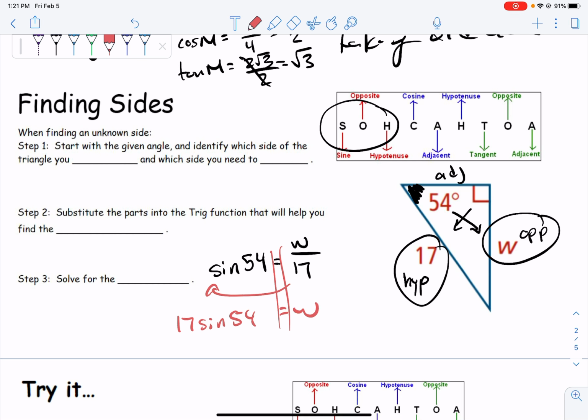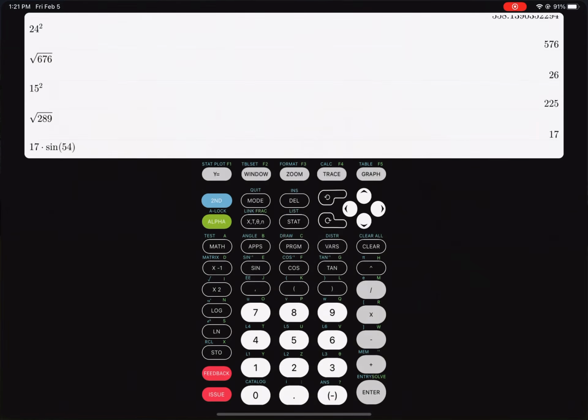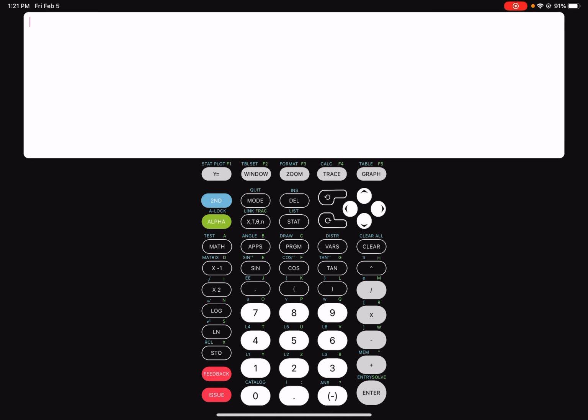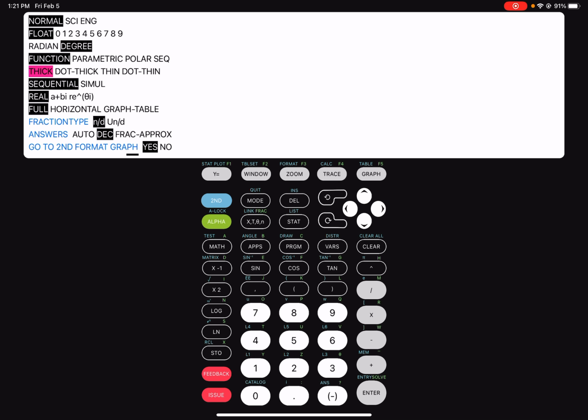I don't have the sine of 54 memorized, and I don't need to have it memorized because it's in my calculator. If I go to my calculator and I type in 17 sine, it's a button right there above the 7, and then I'm going to put a 54. Now, before I hit enter, I need to double check. I need to go to mode, and I need to make sure my third option right here says radians or degrees.